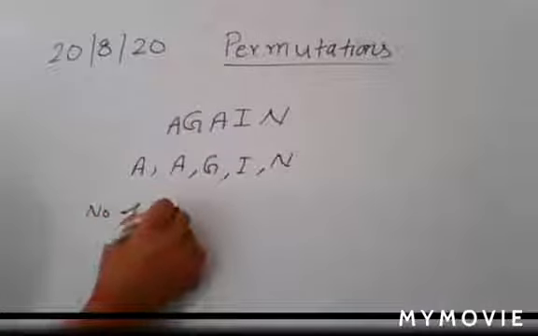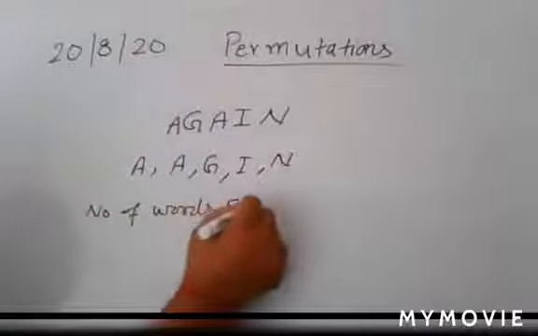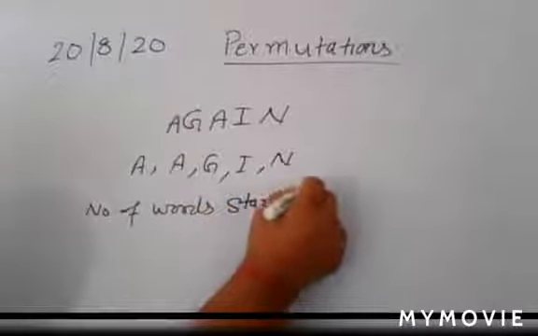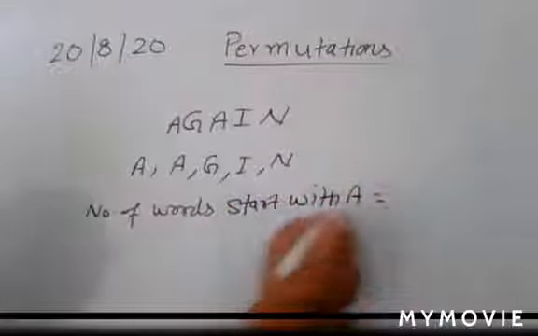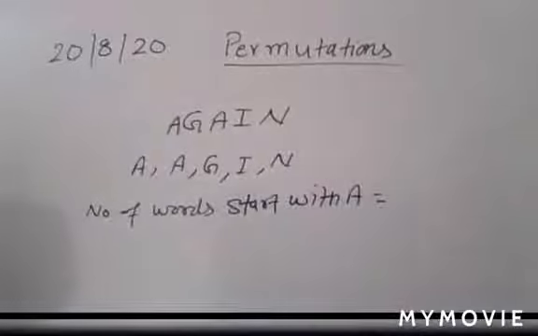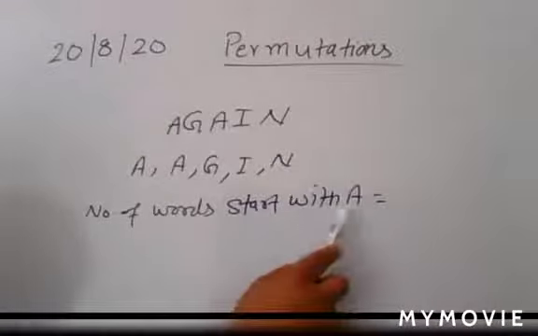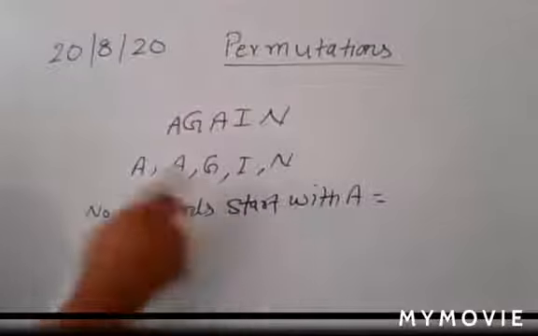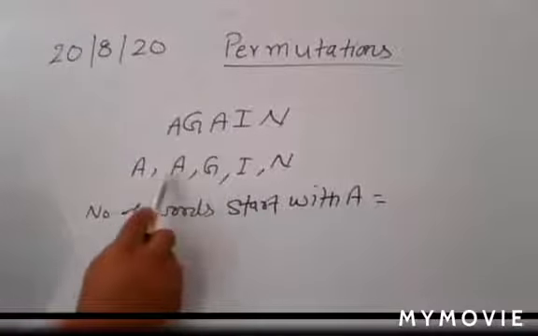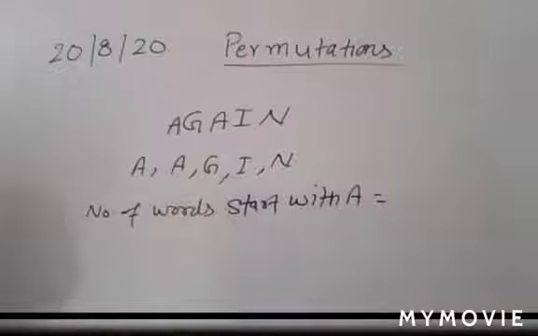So here you write: number of words that start with A. If you say number of words that start with A, it means the position of A is fixed. And how many letters are there? 1, 2, 3, 4, 5 letters are there.